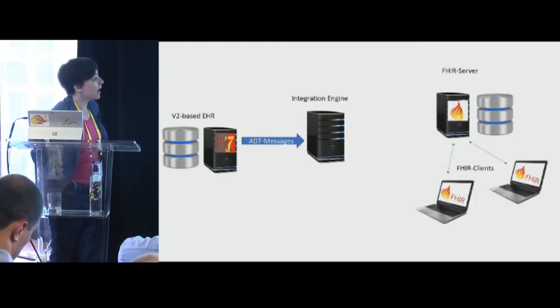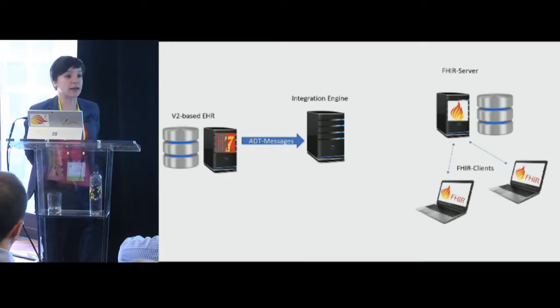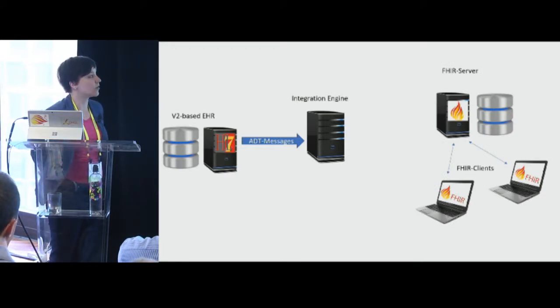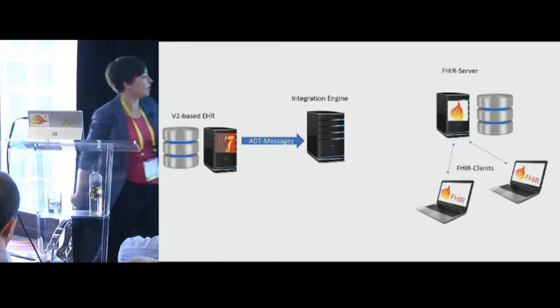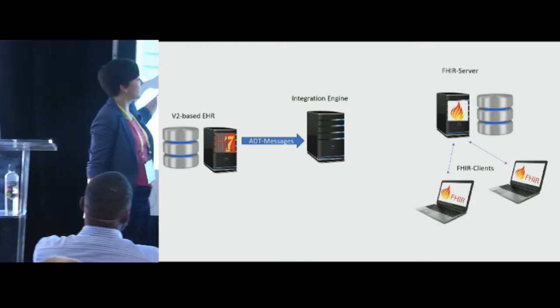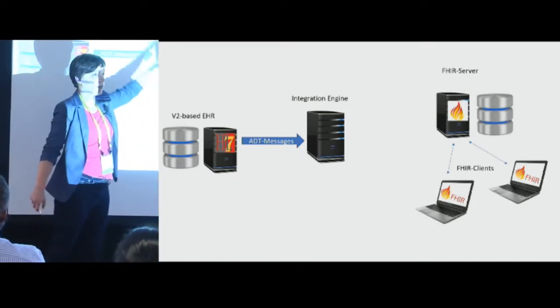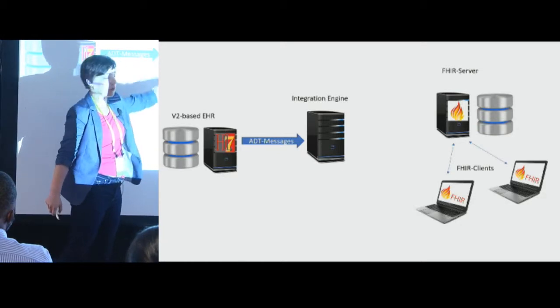However, we do have FHIR applications that companies and hospitals especially are going to start wanting to use. But all they have is their V2-based EHR. They have their integration engine that distributes all the messages throughout the hospital.